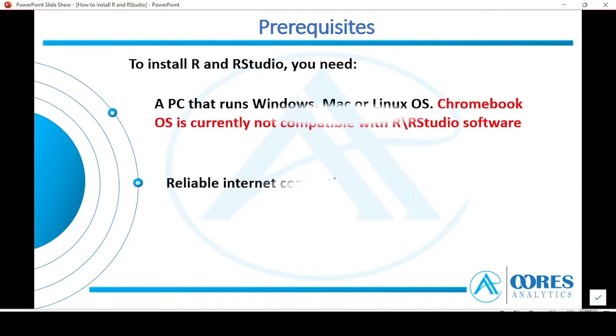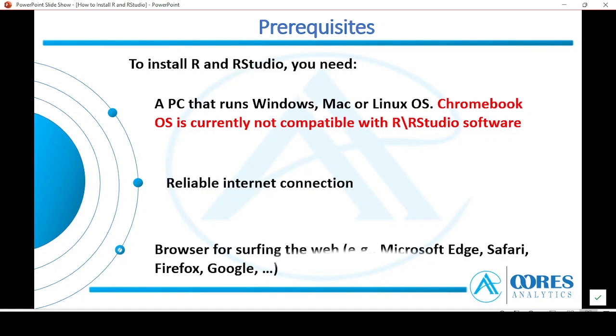So we are getting ready to install R and RStudio. It's worth mentioning at this point that for you to be able to successfully install R and RStudio, you need a personal computer that runs Windows or Mac or Linux or other compatible operating system.